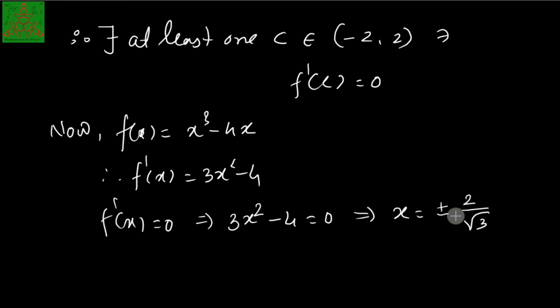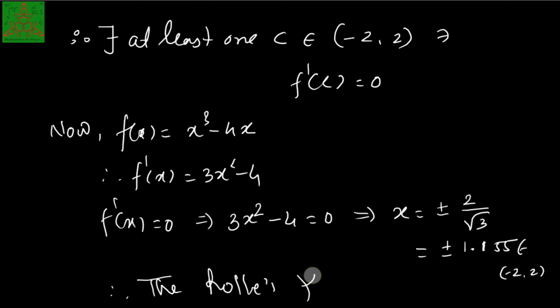If you use the calculator, that will be plus or minus 1.155. You can check. Both these values belong to the interval minus 2 to 2. So hence we can say that Rolle's theorem is verified, because the values which we got lie in this interval.